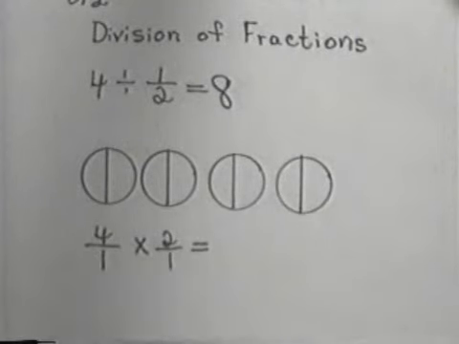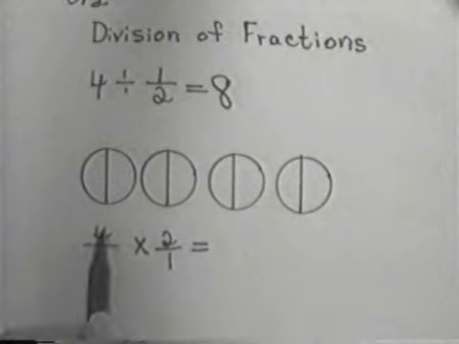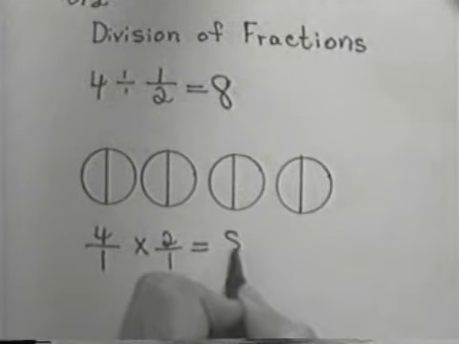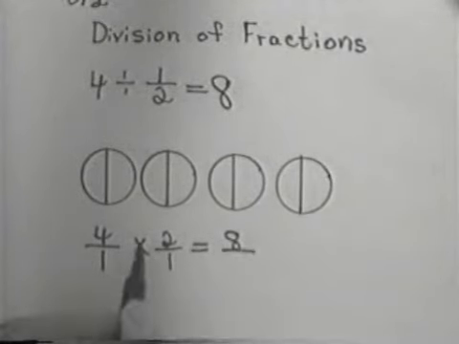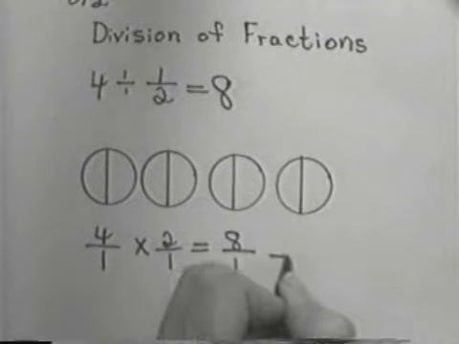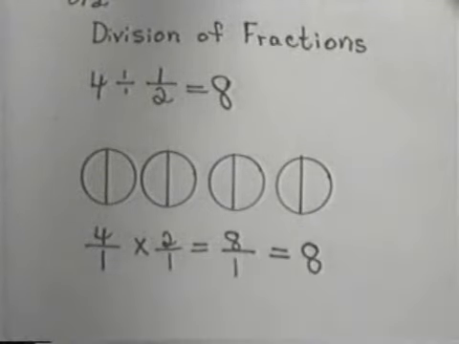And then we follow our multiplication rules. We multiply numerator by numerator to get the 8, and 1 times 1 is 1. And 8 over 1 does give us 8. So that's the way we do division of fractions. So let's look at how that looks when stated as a rule.